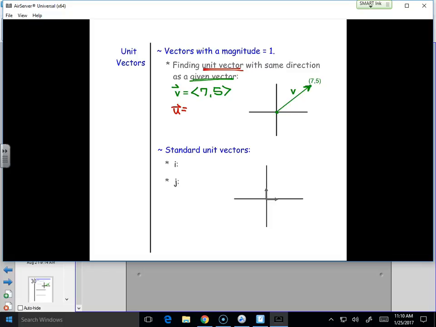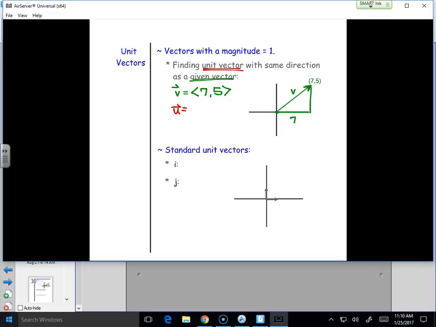But how can we compare a unit vector which has a magnitude of 1 with this vector which has an over and up of 7 and 5? Sean, what do you think? Can we use similar triangles? I like that idea. But to do similar triangles, don't we first have to make a triangle? Exactly.